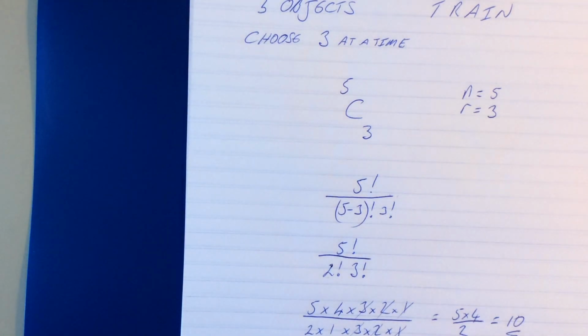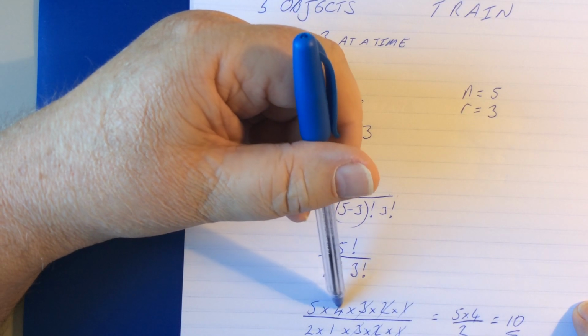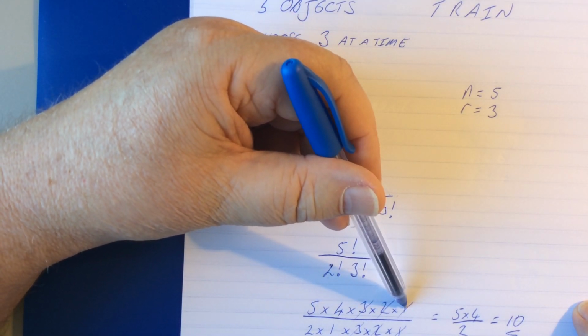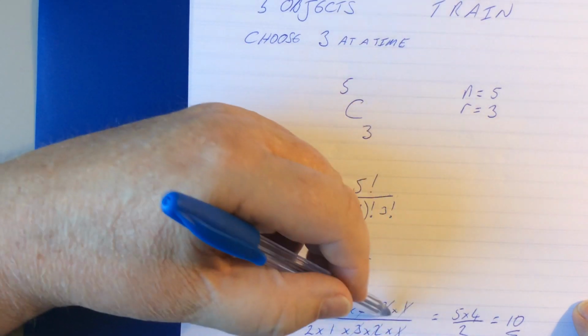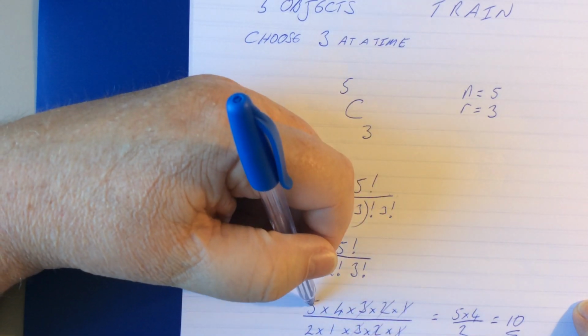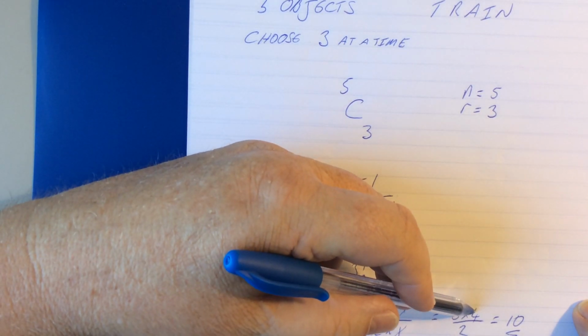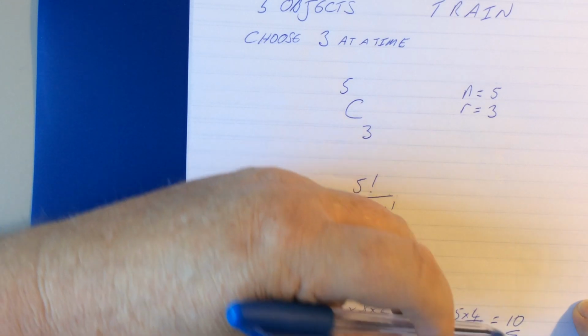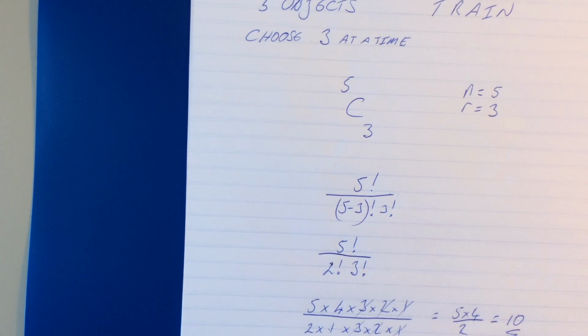Time to do a little bit of expanding and cancelling. 5 factorial is 5 times 4 times 3 times 2 times 1. 2 factorial is 2 times 1. 3 factorial is 3 times 2 times 1. So we can get rid of these, and what we're left with is 5 times 4 over 2 times 1. 5 times 4 over 2 is 10. That's a vastly smaller number than we came up with in the permutations video.